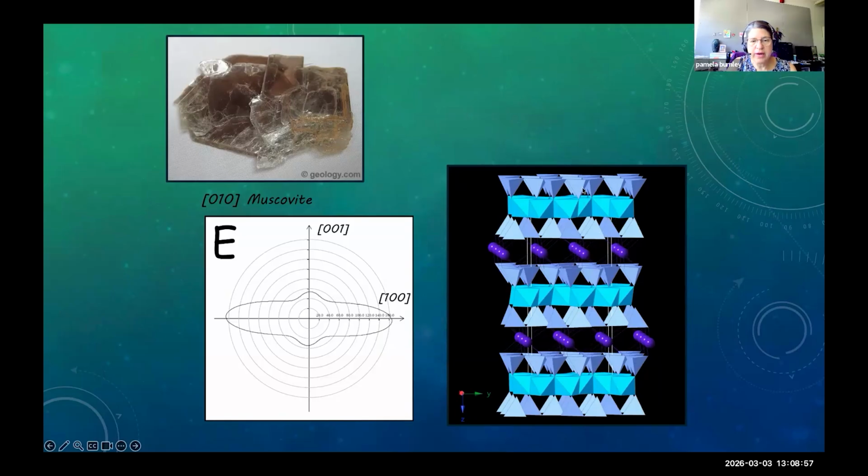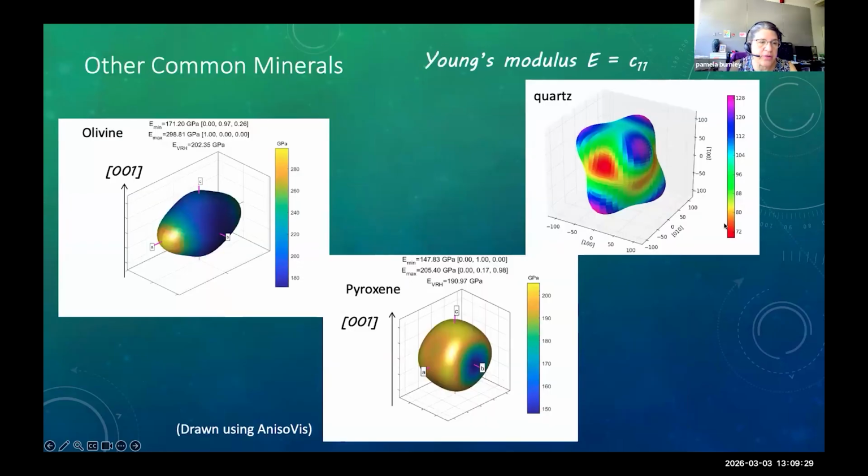So if you think about it, it's going to be really squishy in the vertical direction and not very squishy in the horizontal direction. This is expressed over here, where the effective Young's modulus along the c-axis, which is vertical, is quite small, right? So it's compliant, and it's much stiffer along the A or B axis. Okay, so this is maybe an extreme for minerals, but it is not unusual.